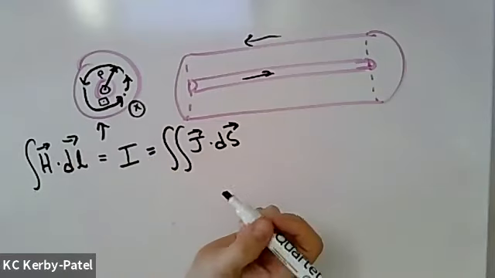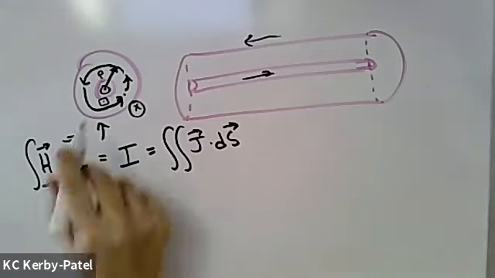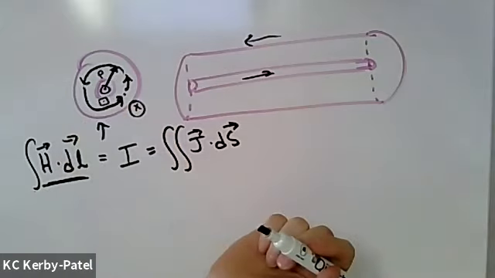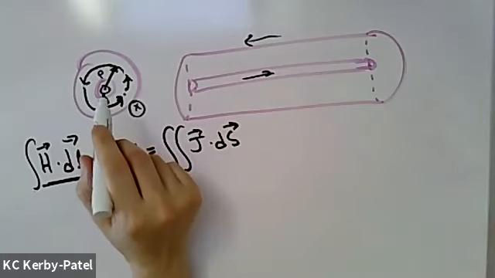That's for this part of the problem. That is how you find the magnetic field. But when you want to know the flux, when you're trying to figure out the inductance per unit length of this structure, you don't use the same area here. You don't use that same surface. Because this surface is parallel to H.